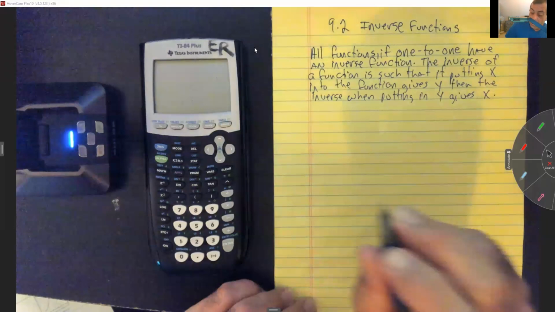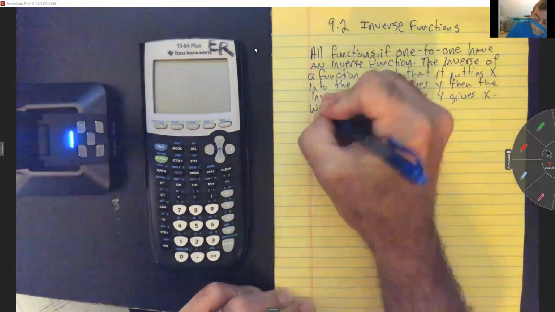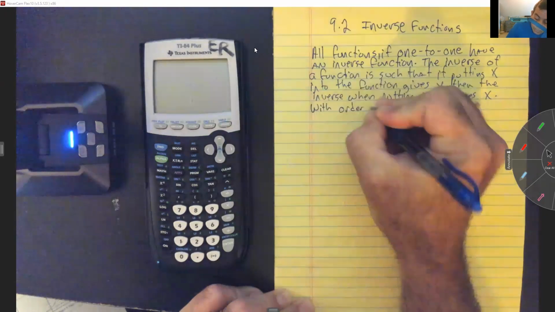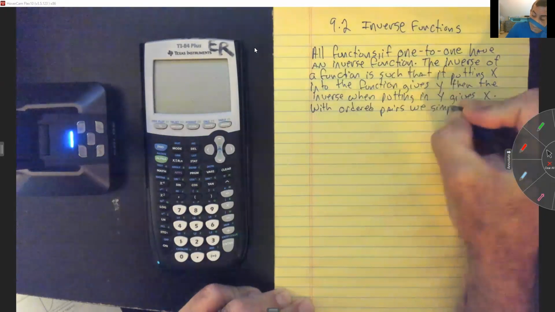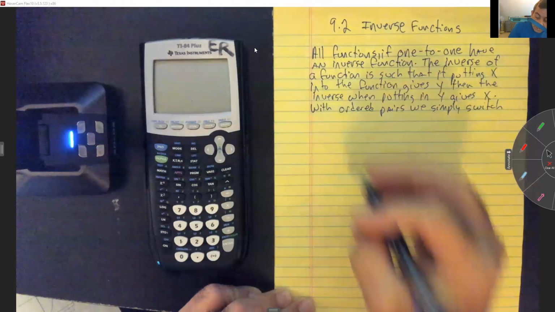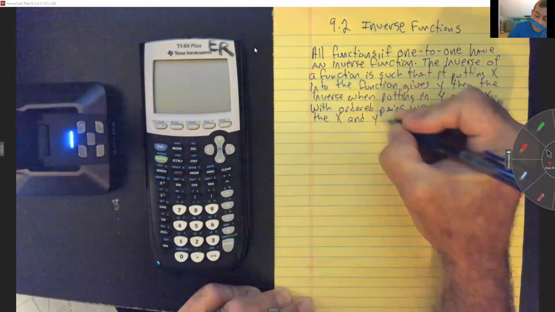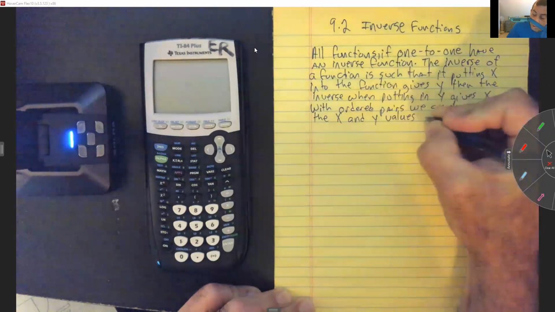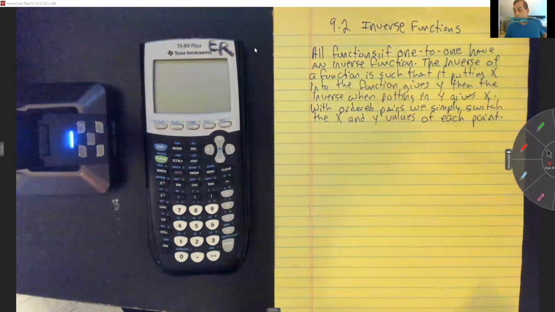So with ordered pairs, we simply switch the x and y values of each point. So if I had an ordered pair with the point (1, 5), then the inverse would be (5, 1).